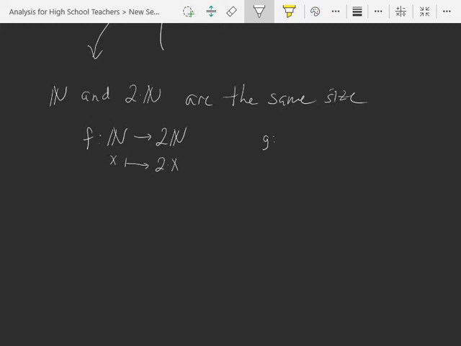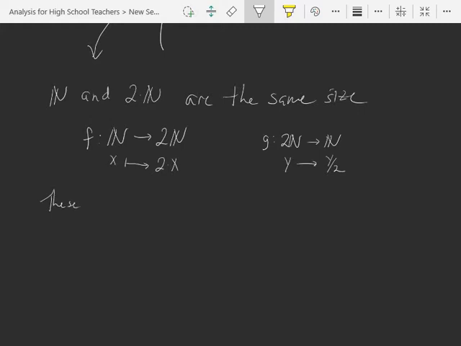We need 2n to fit inside n. And what we're going to do is take some number, let's say y, and since it's an even number, we're going to divide it by 2. Okay. This is going to get us this correspondence that we need.